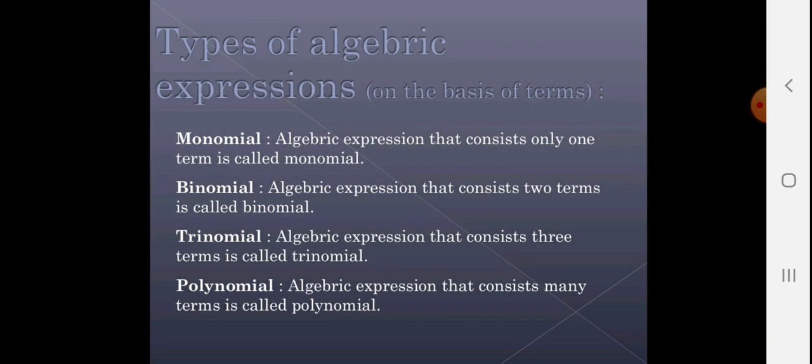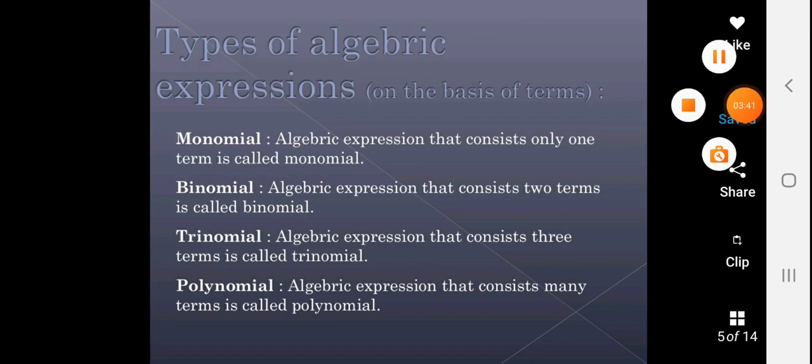Types of algebraic expressions on basis of their terms. So you can see that mainly they are categorized under 4 categories: monomial, binomial, trinomial and polynomial. Algebraic expression that consists of only one term is called monomial.